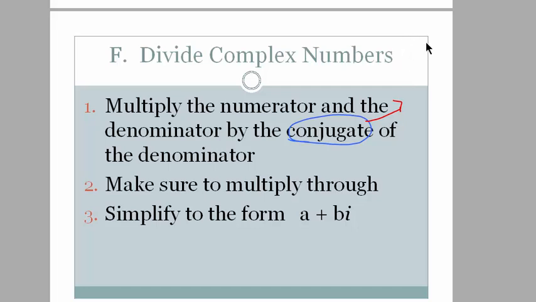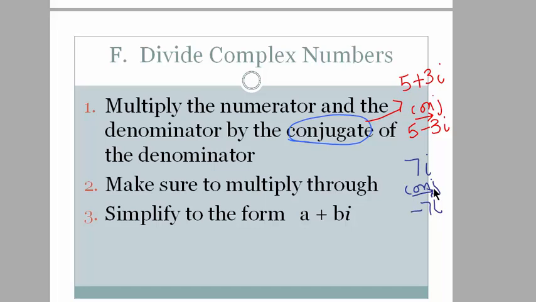So for example, if I had something like, let's say 5 plus 3i, my conjugate would then be 5 minus 3i. Even if my denominator was just, let's say, 7i, my conjugate is -7i. It's always the opposite of the imaginary part.